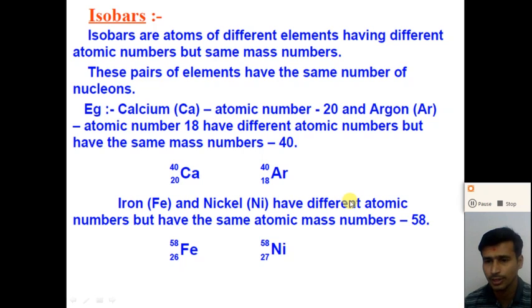From the atomic number and atomic mass, how we can calculate the number of protons, electrons and neutrons. And after that we discussed isotopes and isobars, right? I hope you understand all the content of chapter number 4.